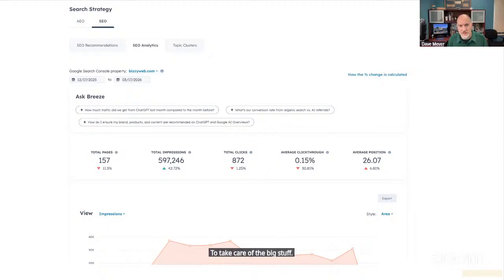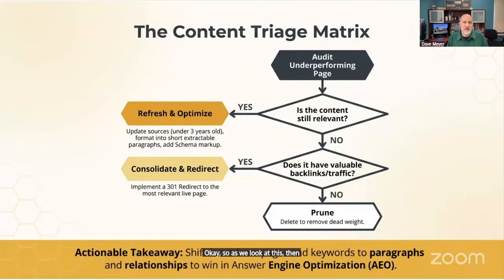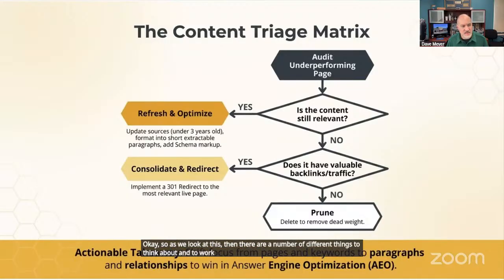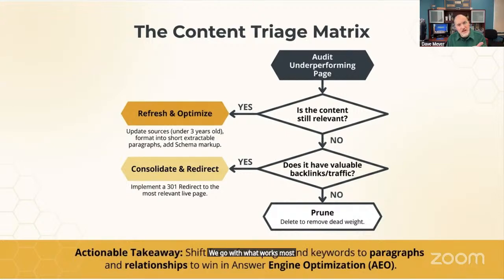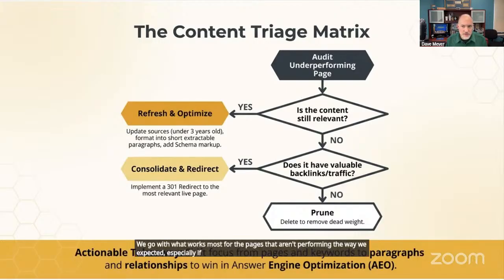Okay, so as we look at this, there are a number of different things to think about and work through inside of your content. I like running through this matrix as you're building your pages. Again, we go with what works most for the pages that aren't performing the way we expected, especially if they're essential to our organization.